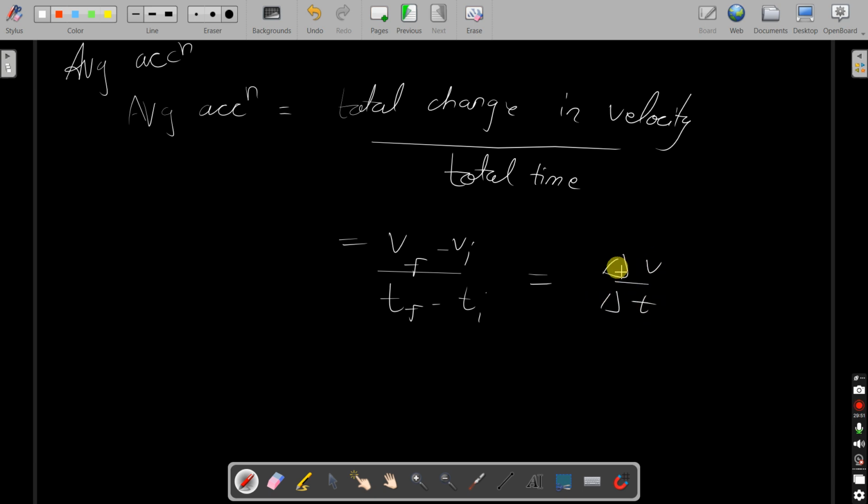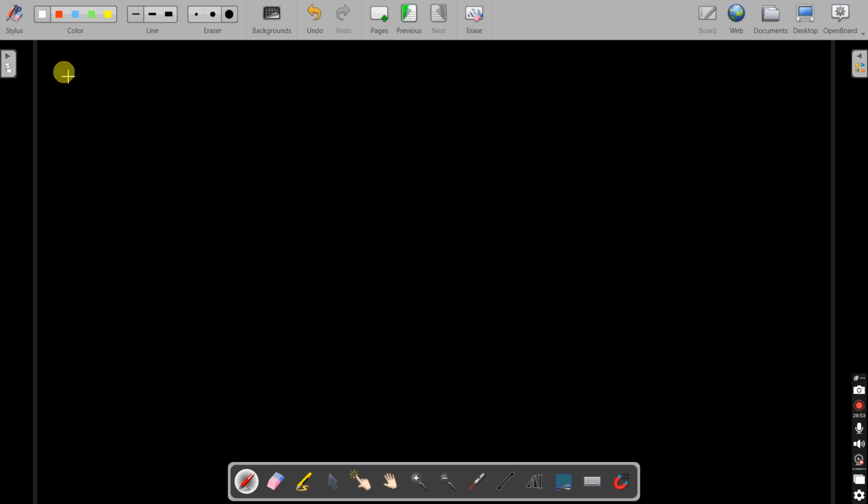Now instantaneous acceleration. This is again acceleration, dv upon dt.